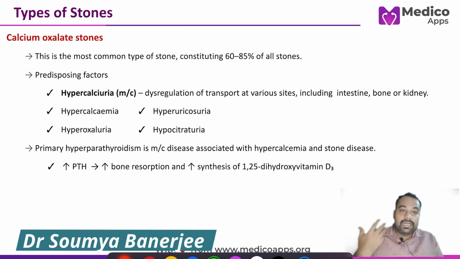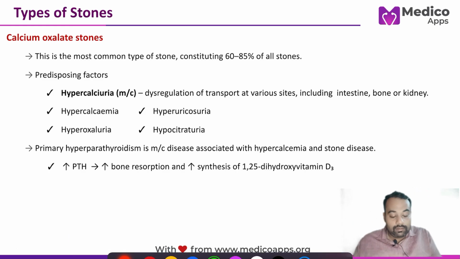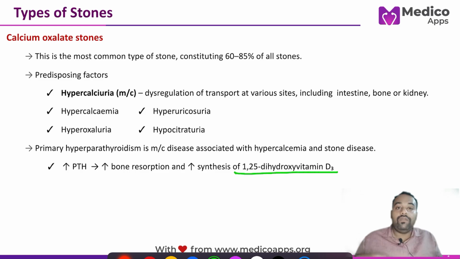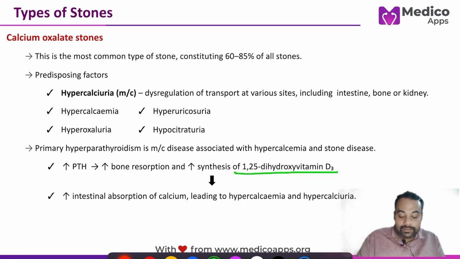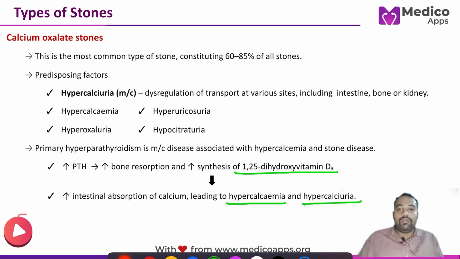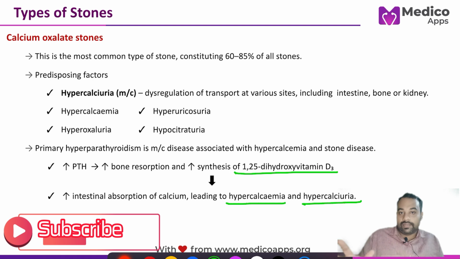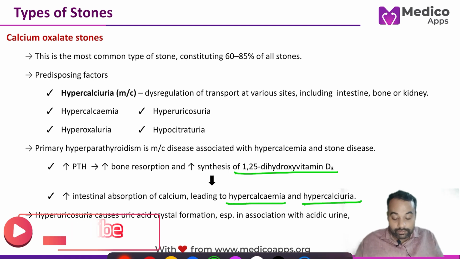This increased synthesis of vitamin D3 is associated with increased calcium absorption through the gut and from the kidney as well. So there is an increased amount of calcium, which eventually results in increased calcium in the urine. As a result, there is formation of stone.